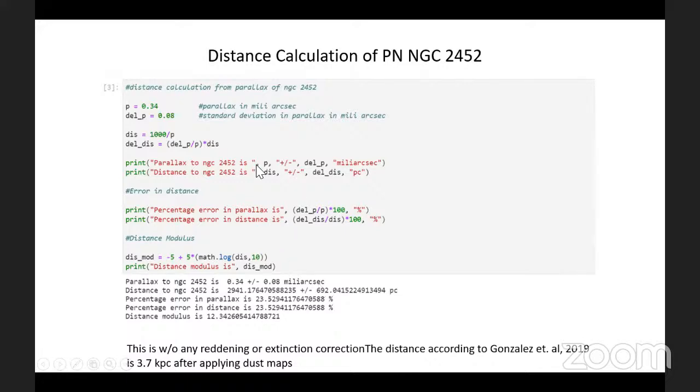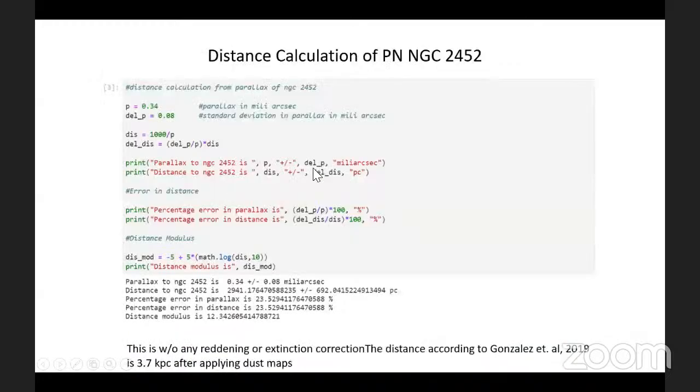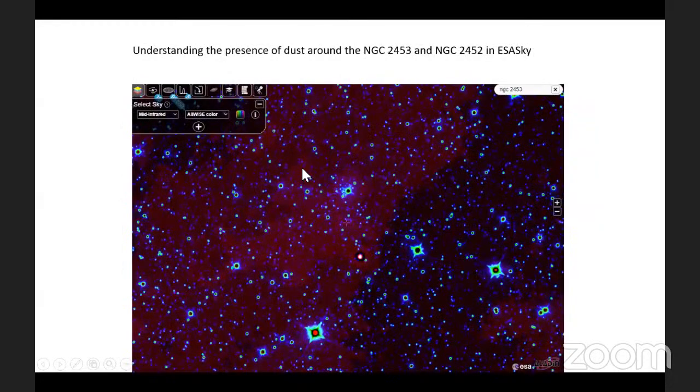So to go ahead, I would like to appreciate this point that near the star cluster, you can see a huge amount of dust. This is the cluster, this is the planetary nebula, and so I thought of seeing whether this is visible in other observations also.